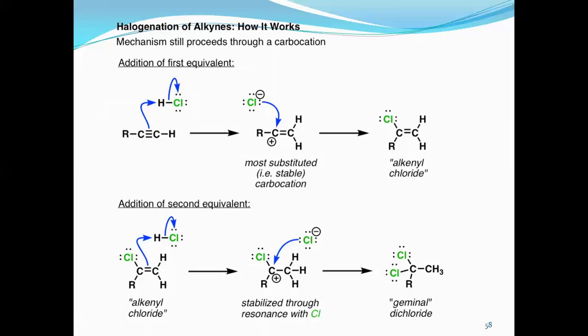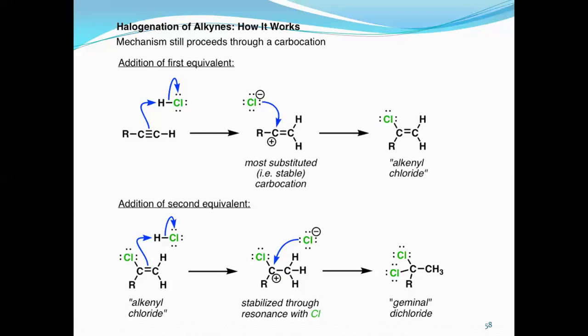Now, if we add the second equivalent, the same steps will be repeated again. In this case, this alkenyl chloride will be protonated using this HCl, and hydrogen will form a bond with carbon, and a carbocation will be formed.